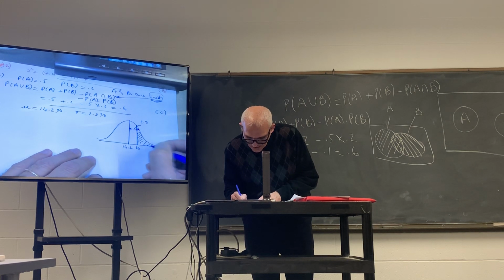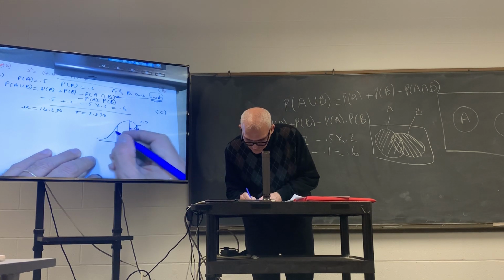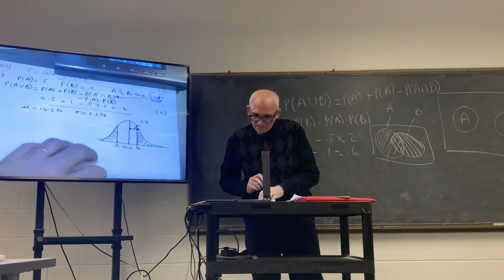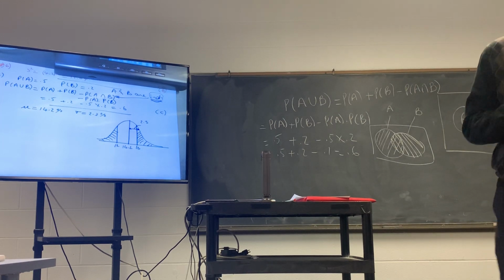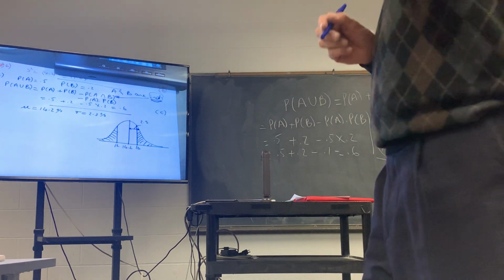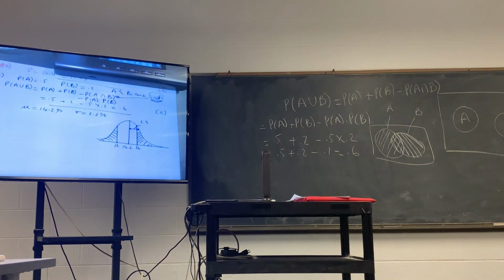Above 16 or below 12. So how do we do that? Using a table. The normal probability table.